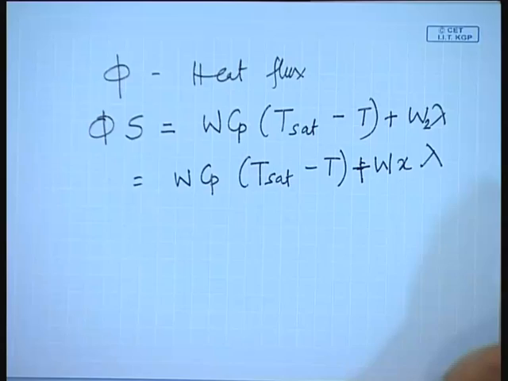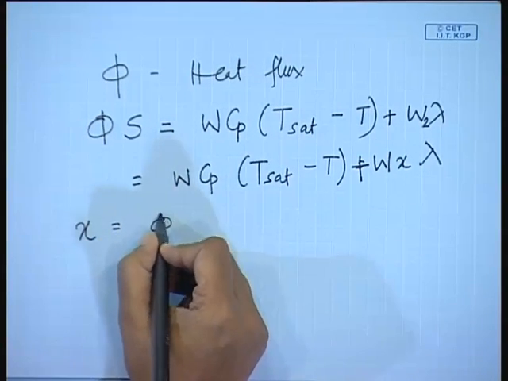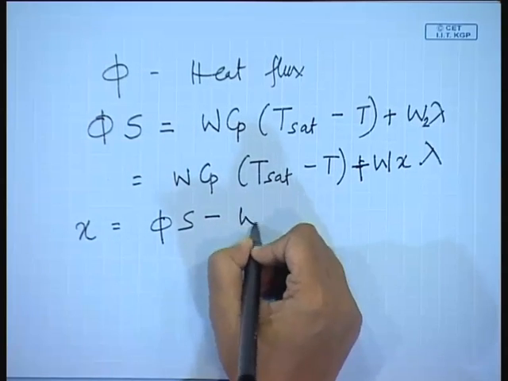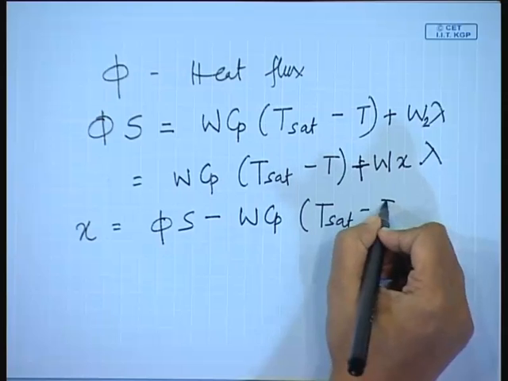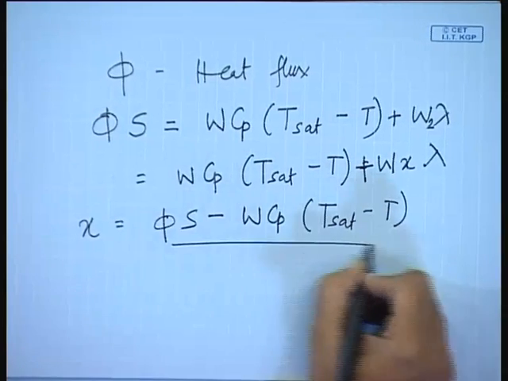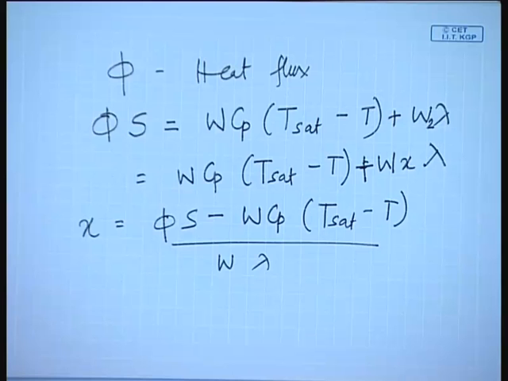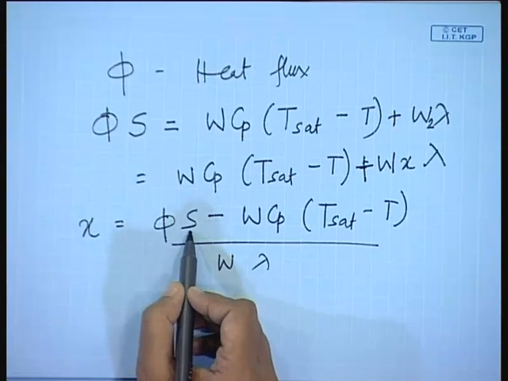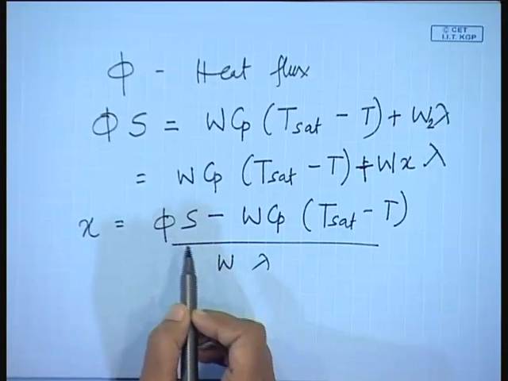Yes or no? So, from there we can find out x, this is nothing but equal to, do it and tell me, phi s minus W Cp (T saturated minus T) divided by W lambda, isn't it? So, we find that we can measure the heat flux, the circumferential area or the perimeter, that is very well known.